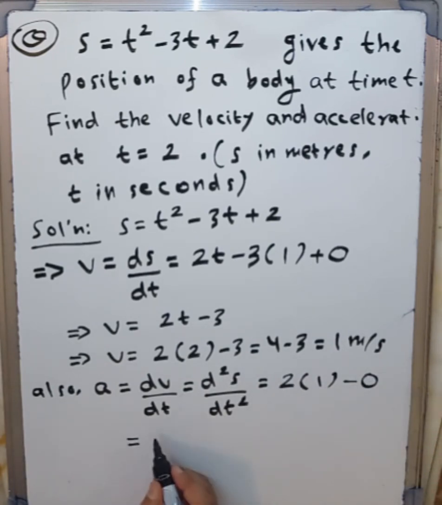So this gives us 2. Here we don't have any t, so no need to put t equal to 2. Unit of acceleration is meter per second square.